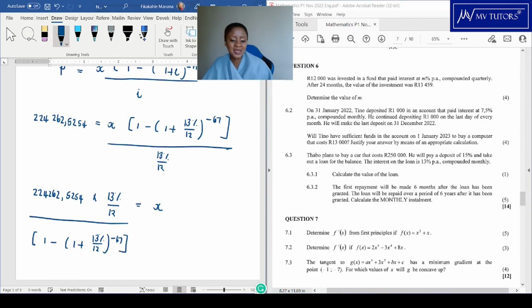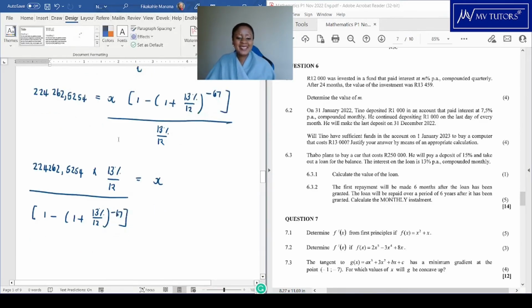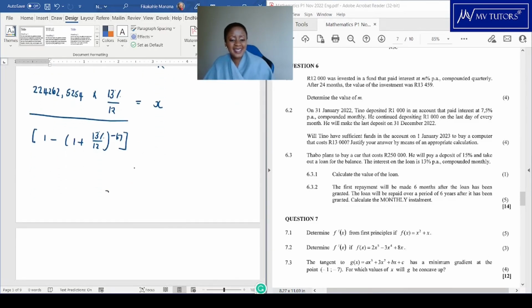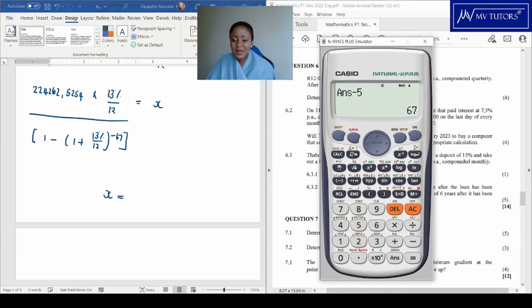Guys, you have to make sure that you don't make a mistake because anything can happen. Okay, let's try putting all of this into the calculator.